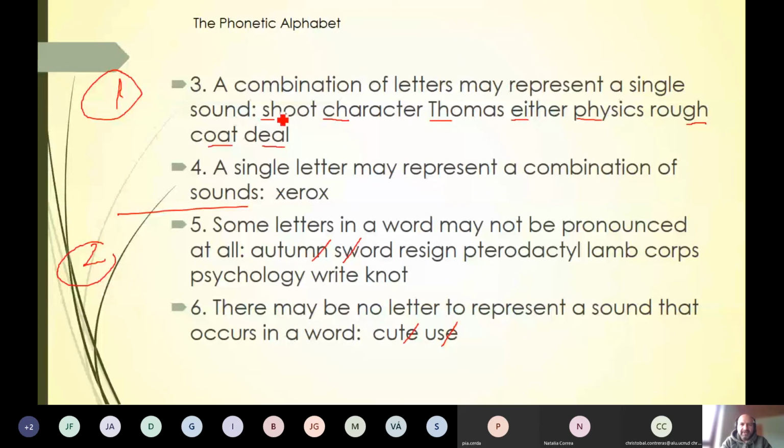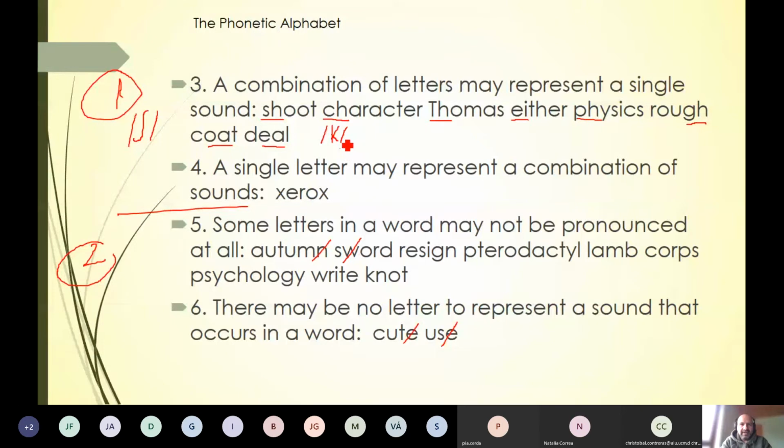If we think about the first one, we need to think about the sound represented by the symbol sh: shoot. So the combination of 2 letters is only one sound, sh. The combination of these 2 letters is one sound, k: character. One sound, 2 letters.